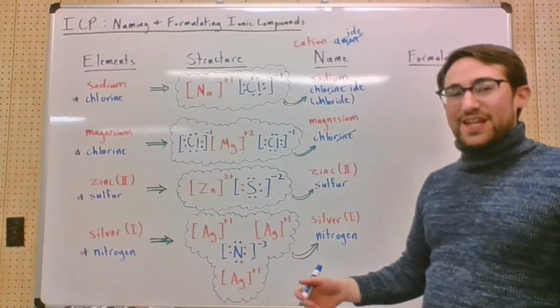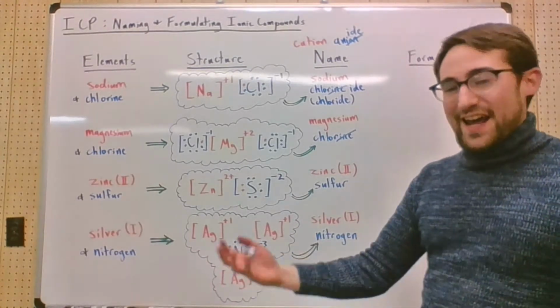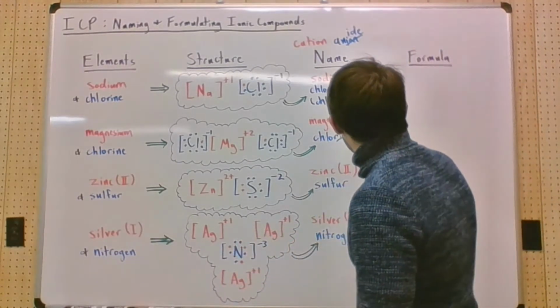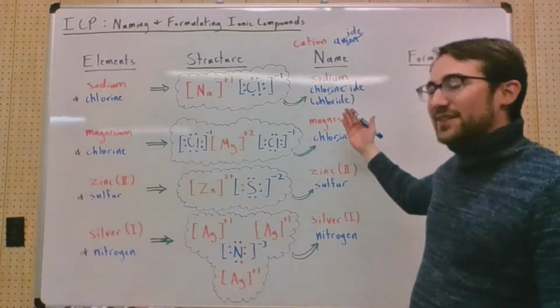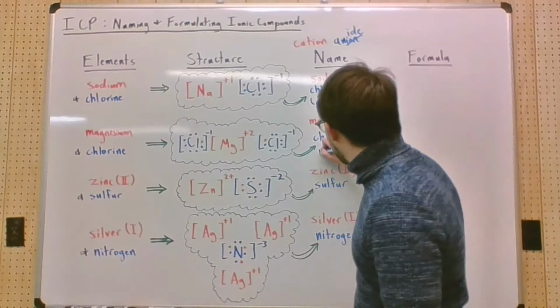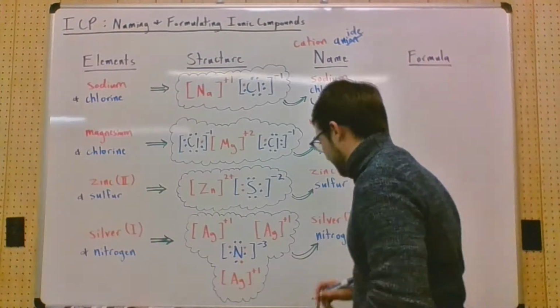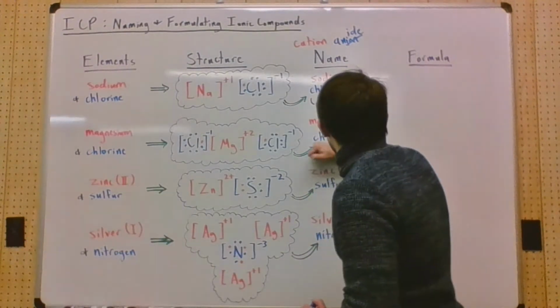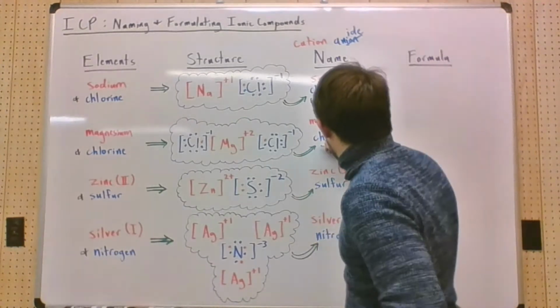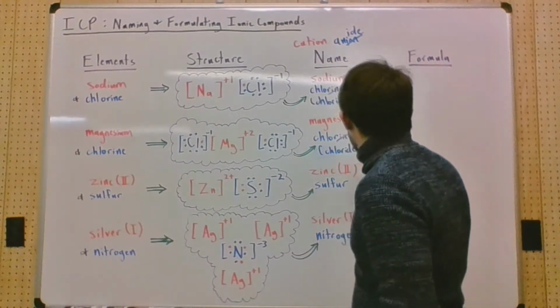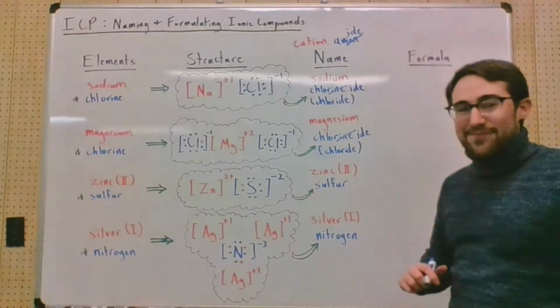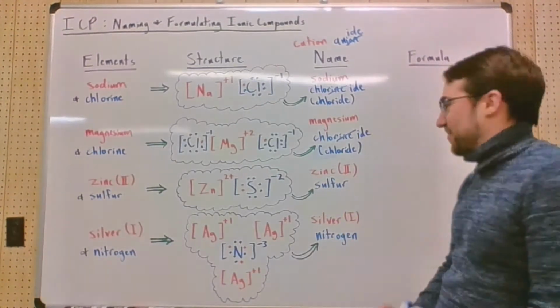And chlorine is going to become, again, chloride. So in other words, this is called magnesium chloride. Chloride. Not so bad so far.